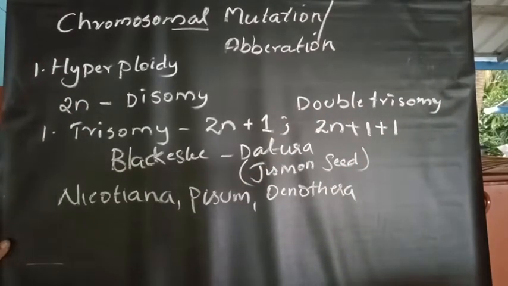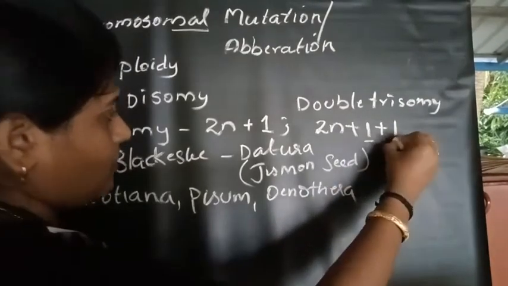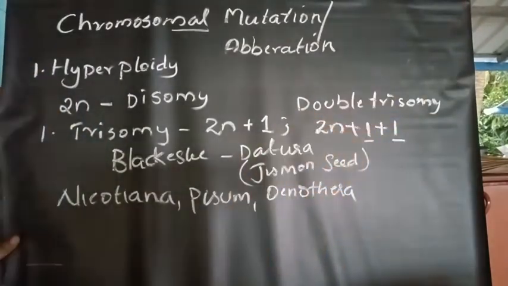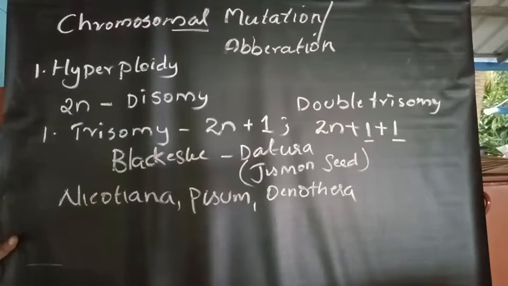That is 2n plus 1 plus 1. Chromosomes from different chromosomal pairs are added to the normal diploid set. This is one individual chromosome, this is another individual chromosome. Two individual chromosomes added to a diploid set is called double trisomy. So these are about trisomy.